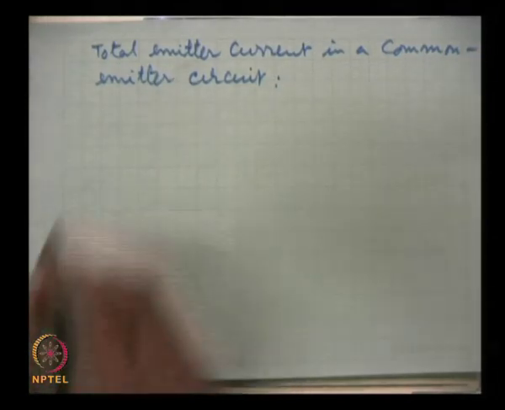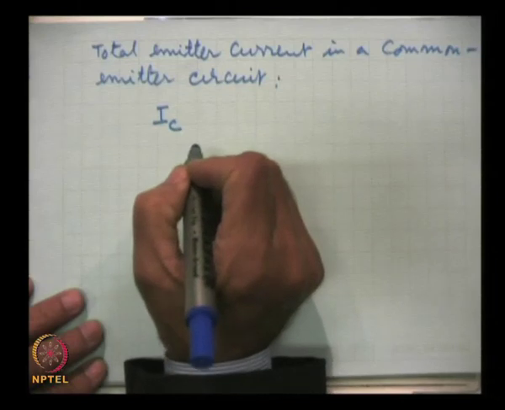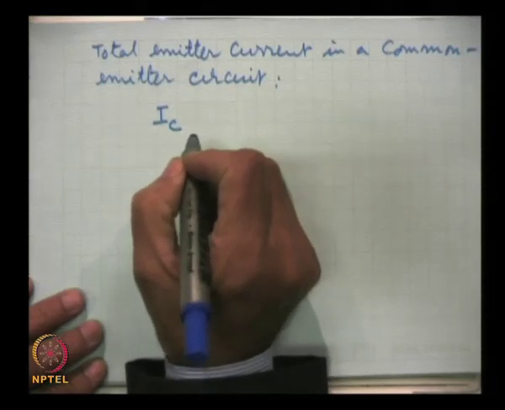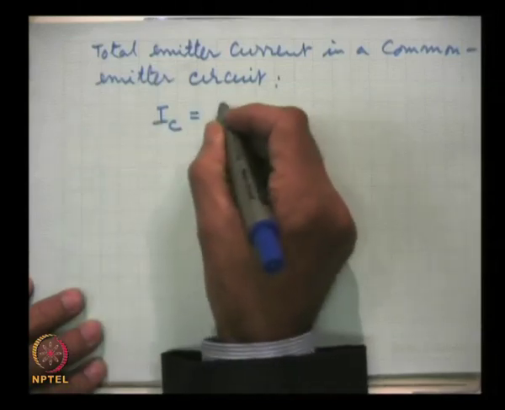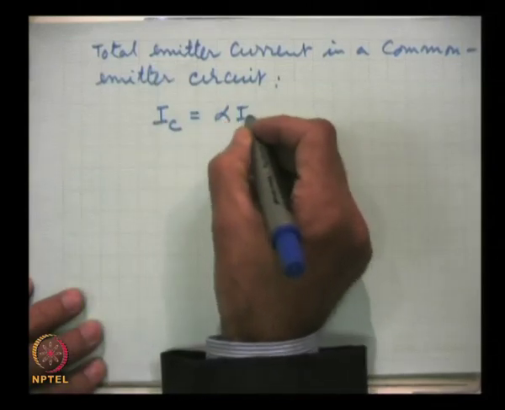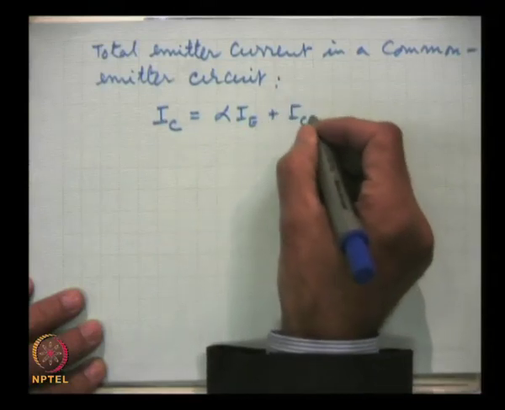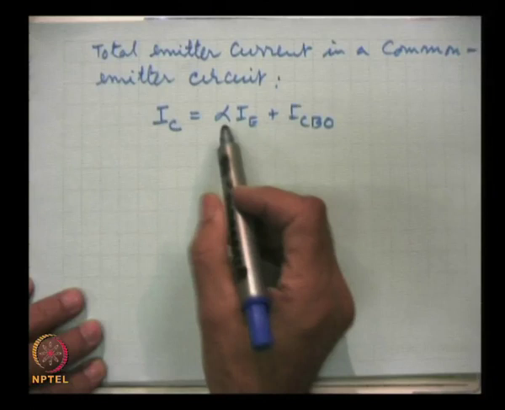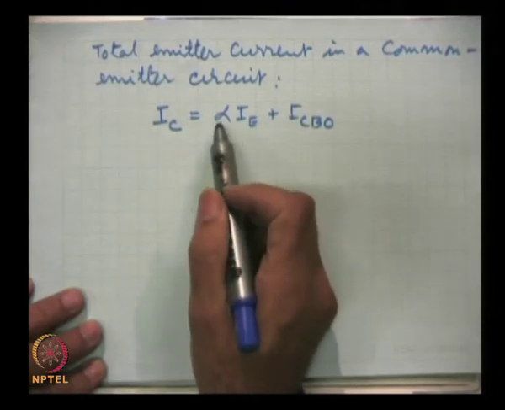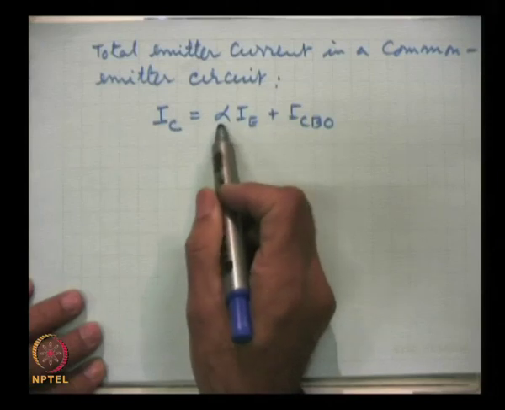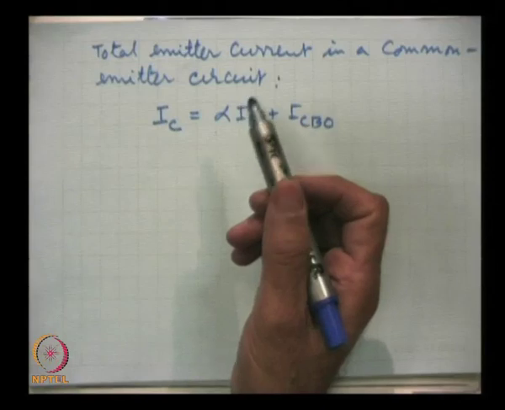You will remember that we arrived at an expression for total current in the common base circuit, and this was equal to alpha IE plus ICBO. We said alpha is a constant, and now we know what this alpha stands for. Alpha DC is one and the same thing. Actually, why have we put a DC?